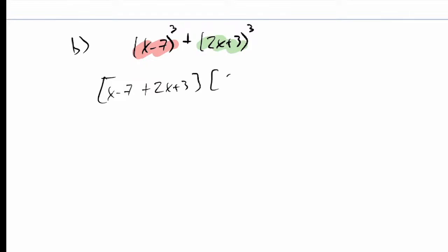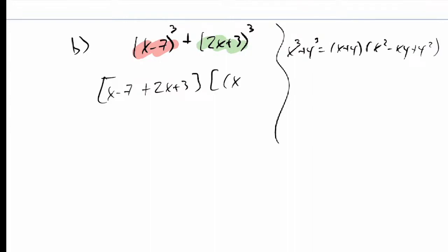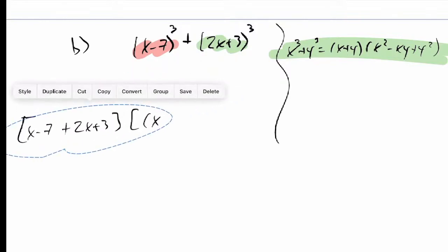And then you're going to have, the formula I'm mimicking is x cubed plus y cubed is x plus y, times x squared minus xy plus y squared. And keep in mind, this formula is not on the formula sheet you guys are being given, so make sure you know it.